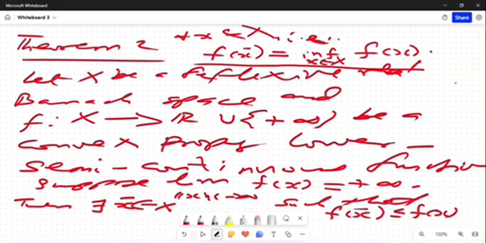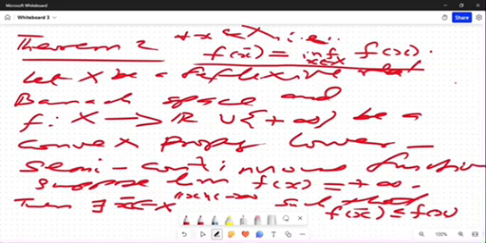If that is the case, then you can always find a minimizer x bar in X such that the limit as norm of x goes to infinity of f of x is equal to infinity, such that f of x bar is always less than or equal to f of x for every x in X. What that is saying is that f of x bar is actually your minimizer.